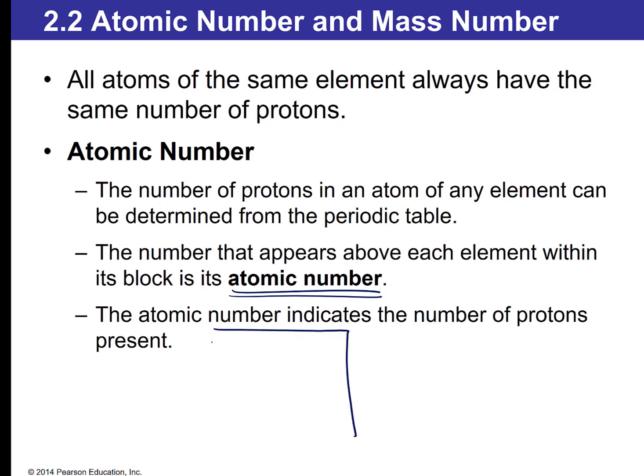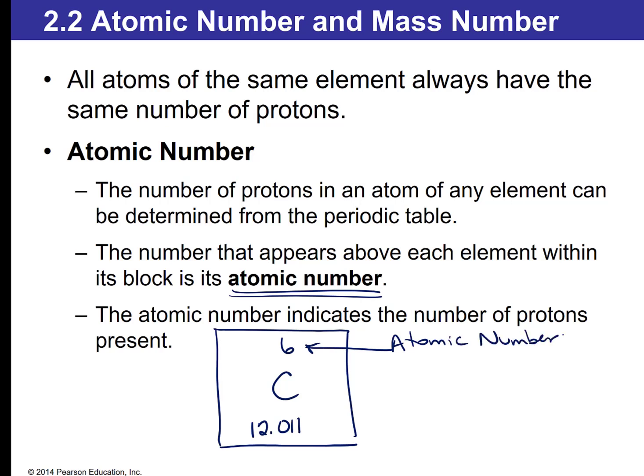So on the periodic table, in a block, we have carbon, number above, 6. The number below, 12.011. That 6 is the atomic number. That tells you the number of protons.